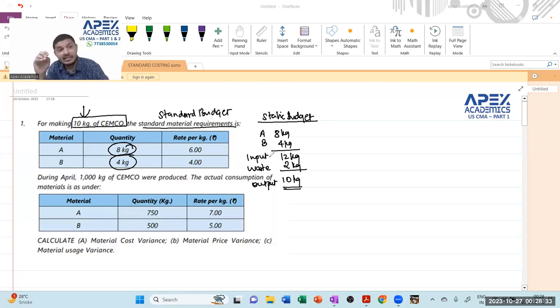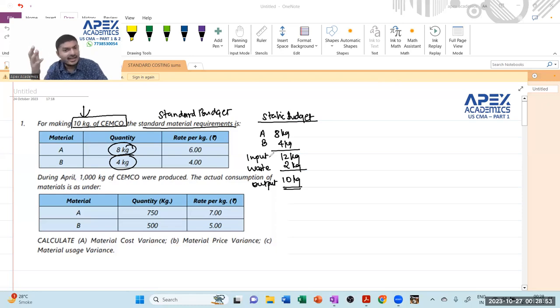I predict, I estimate, I foresee at the starting of the production period that I will waste 2 kgs behind every 10 kgs that I am producing.